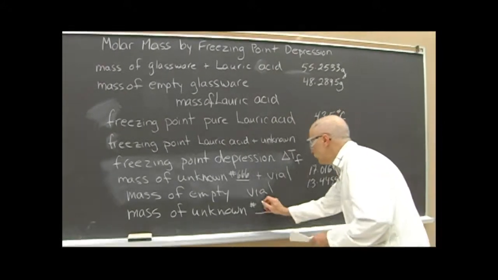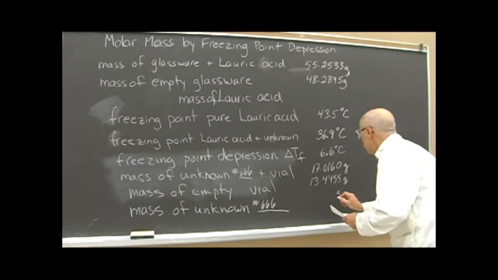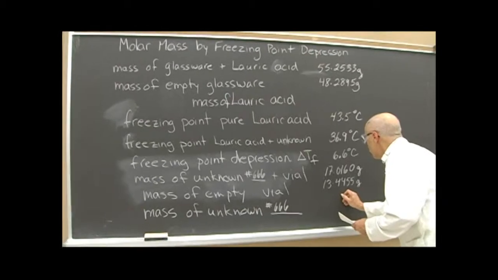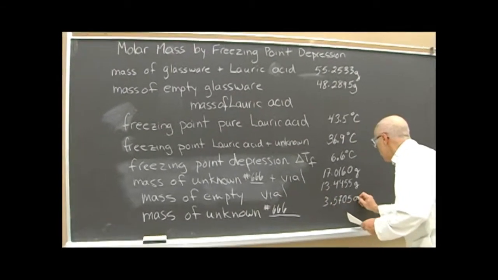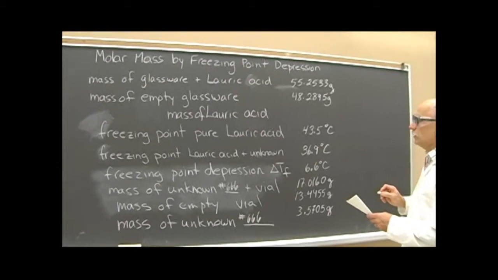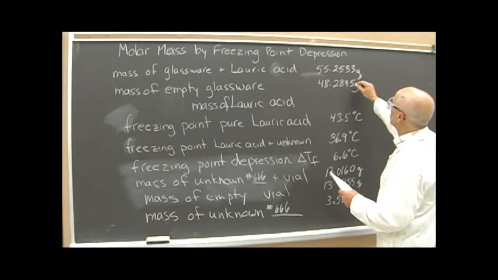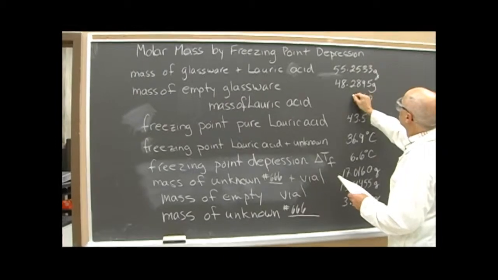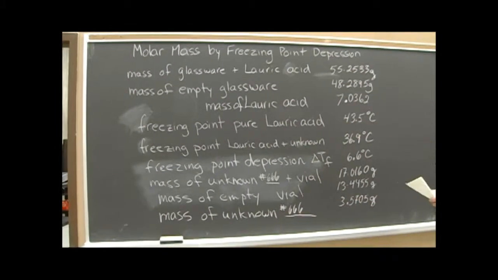And then the mass of unknown that was put into the lauric acid, what's the difference of those two? And then you would use all the data. See if I can do the math backwards. I hope that's correct.